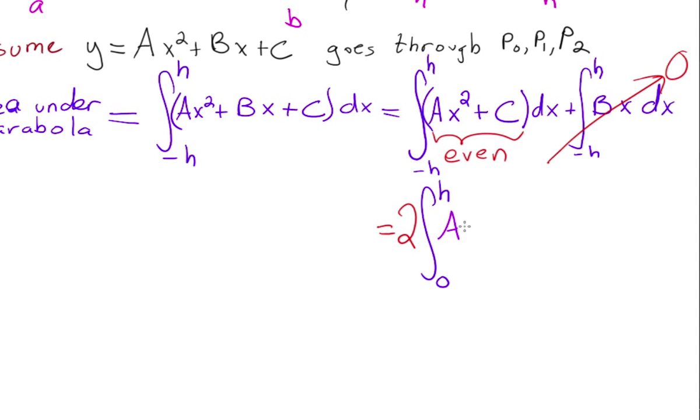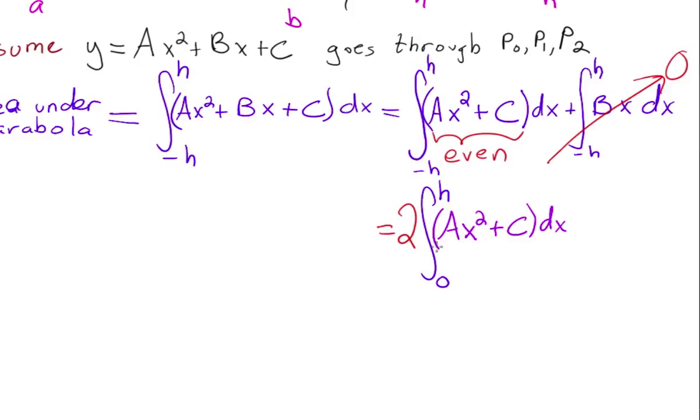Because it's the same area, right? So instead of going from negative h to h and doing twice the work, we do half the work, get the antiderivative, and then just go from 0 to h. Yes? Okay.